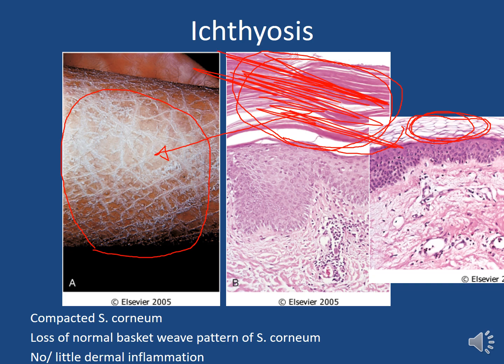And because of impairment of maturation, there is a problem in the normal detachment of the dead squamous cells in the stratum corneum. Usually they are detached every day, but in ichthyosis, because of the problem of maturation, they are retained in the stratum corneum, causing progressive buildup of dead keratinized cells in the epidermis.